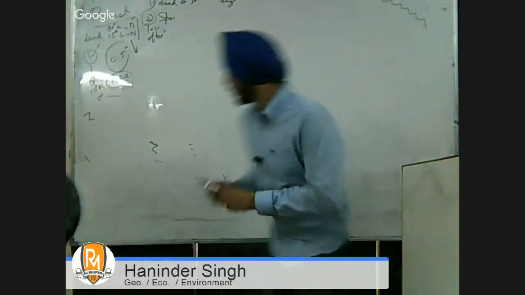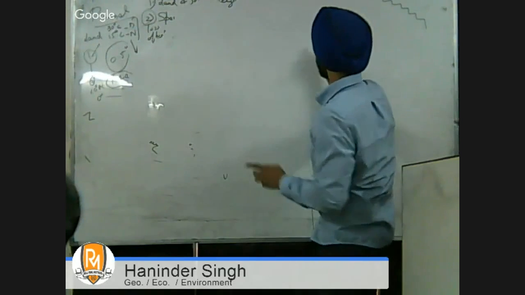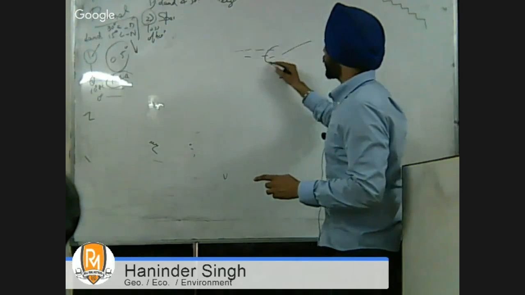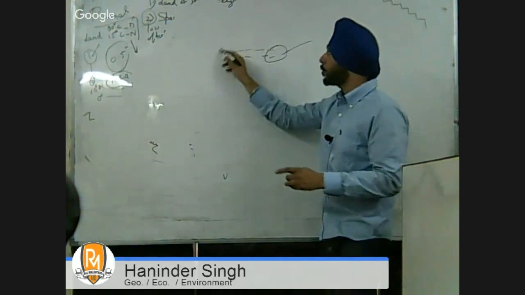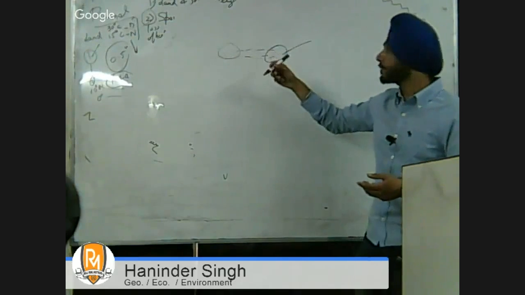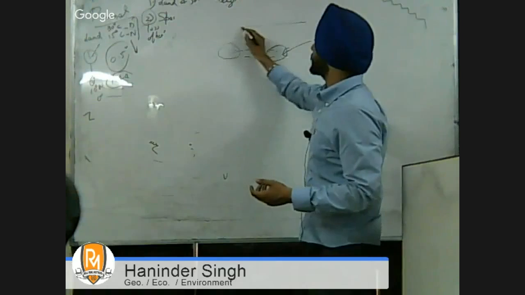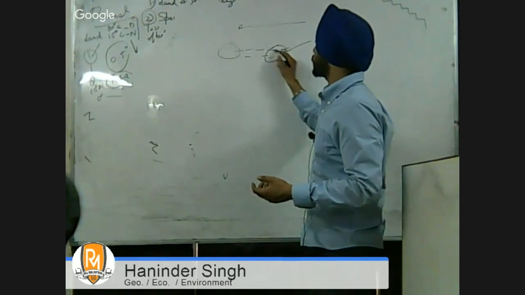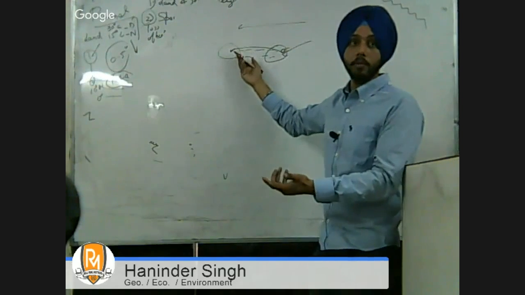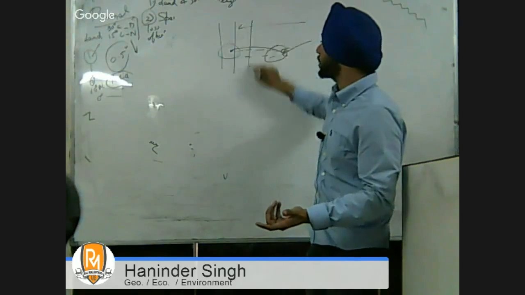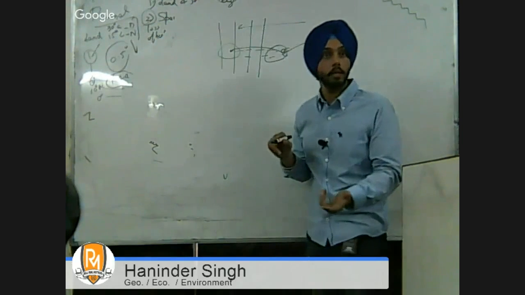Say this is land and this is ocean. Now we know the water here would be warmer than the water here, because it is in contact with land. Now a prevailing wind system, if it is away from land, would take this warm water. So the temperature of water would be influenced longitudinal wise.